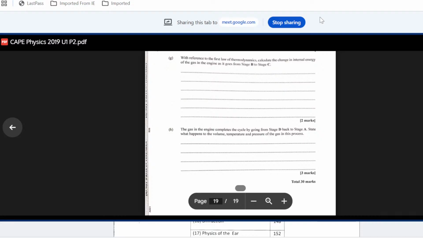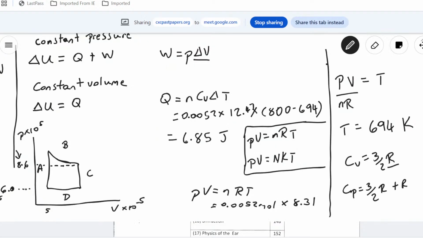So in this process, going from D to A, are we doing work on the gas, or is the gas doing work? So that's why you need to consider. The gas is doing... Wait, no, I'm actually not sure. So this is our direction.